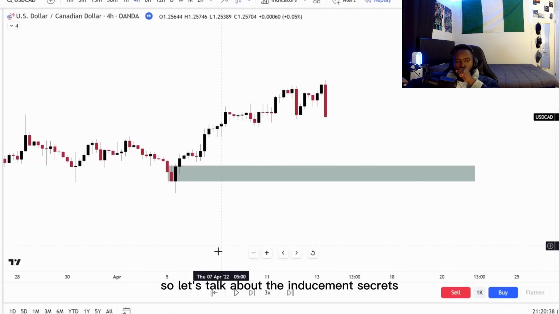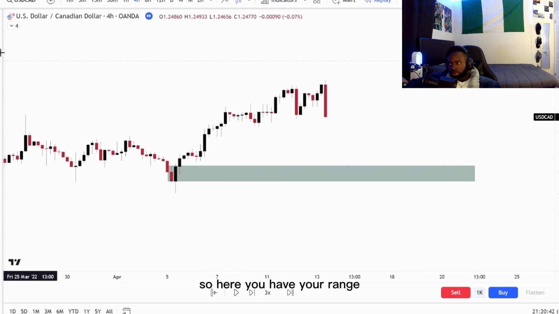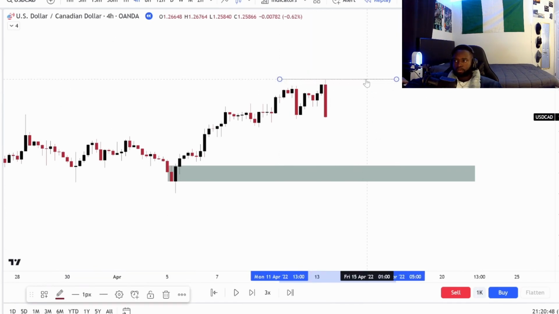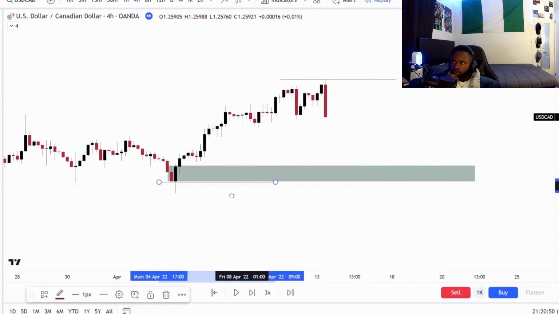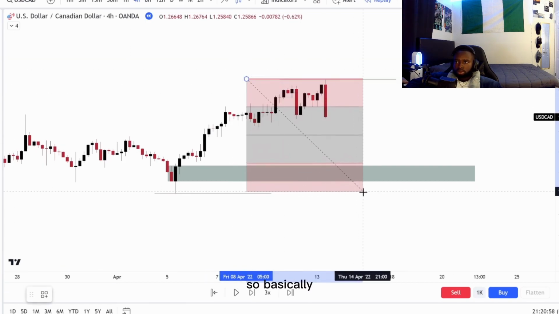So let's talk about the inducement secrets and what makes a valid inducement. So here you have your range. This would be your range. So now we pull out our fib that's broken into 4.